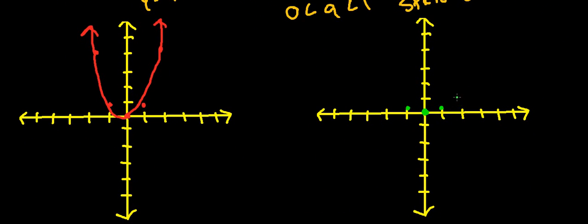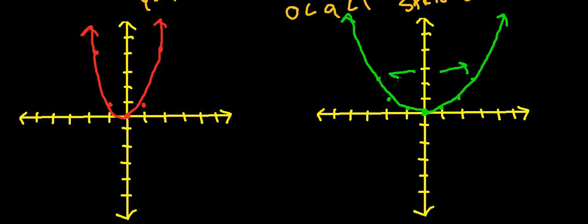And we had 2 and 1, and then 2 and 1/4. So there's 2, let's just say that's 1/4. 3, 2 and 1/4. So we can see that this graph has been stretched horizontally in comparison with this graph.